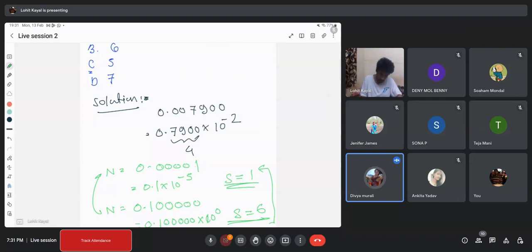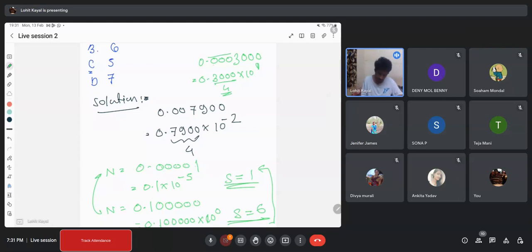Point triple zero three. Okay, so how can we write it? First of all, it will be 0.3123 into 10 to the power some q. q may be -4, -5. So here we have total four significant digits.